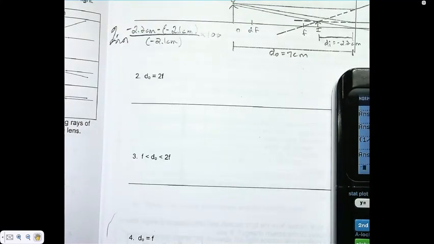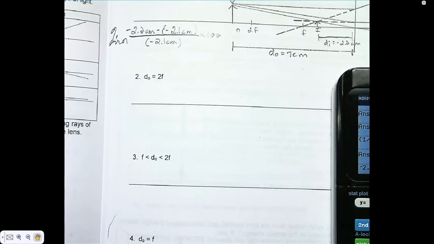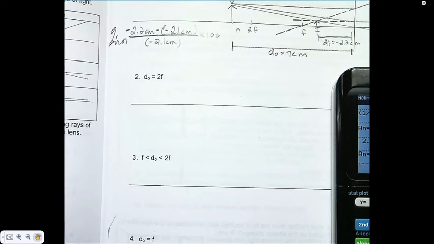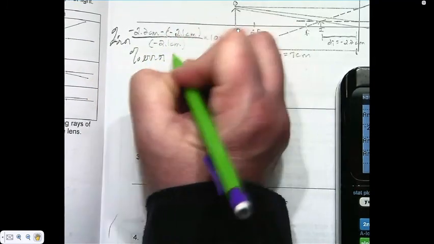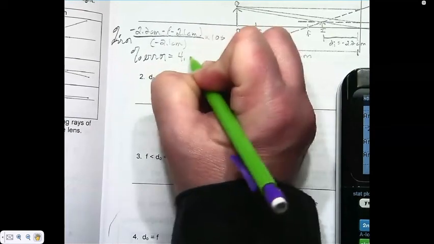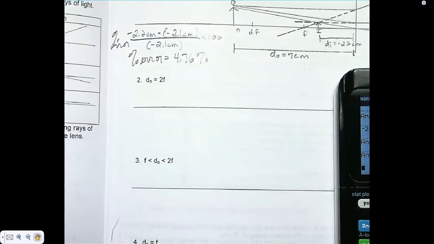So negative 2.2 minus negative 2.1, divided by negative 2.1, times 100, and I get a percent error of 4.76%, which is definitely within the 10% error.